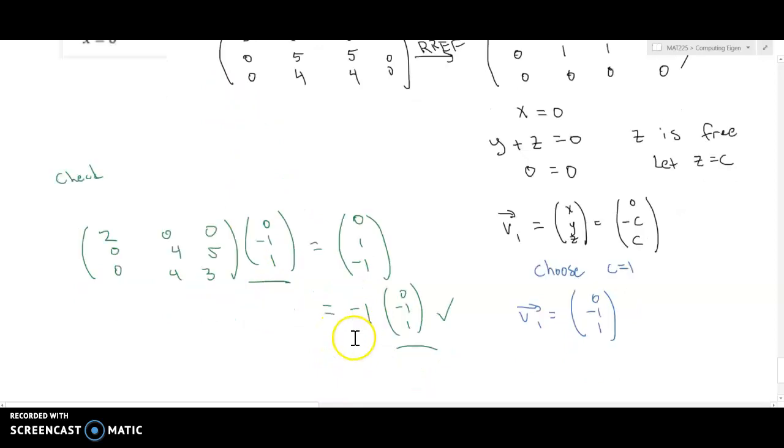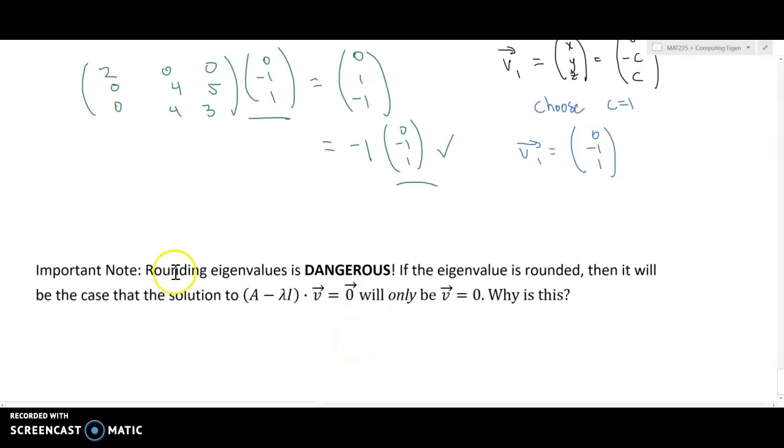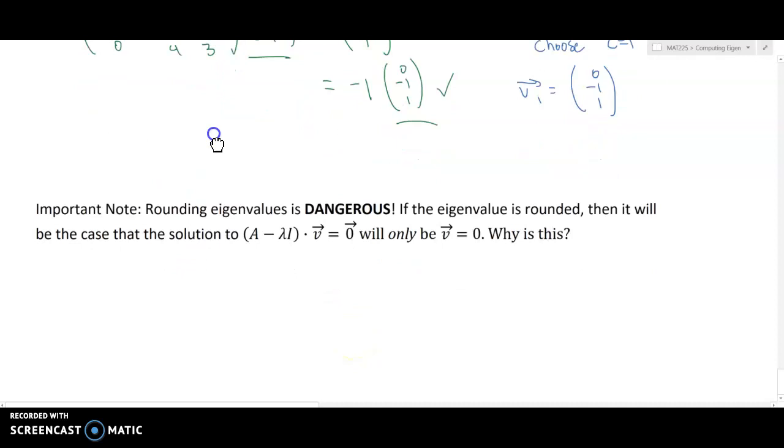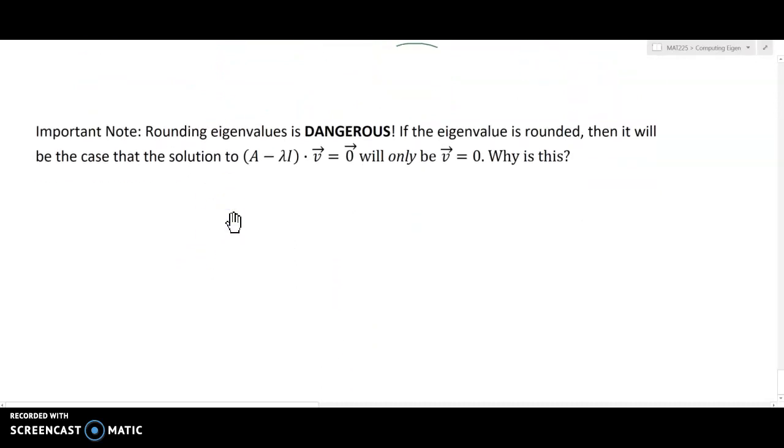Now the last thing I want to make us aware of is that oftentimes rounding eigenvalues is pretty dangerous. This is one of the common issues in linear algebra.